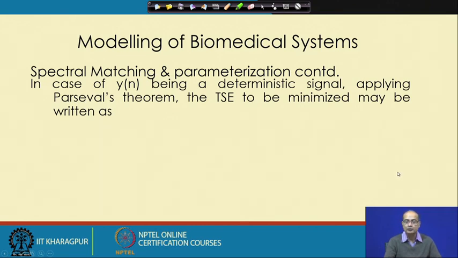We can treat it as a deterministic signal, because we have just one set in hand, even if it is a stochastic process, we do not have multiple sets of y[n]. So, using Parseval's theorem, the total squared error should be the same in the time domain as well as the frequency domain.